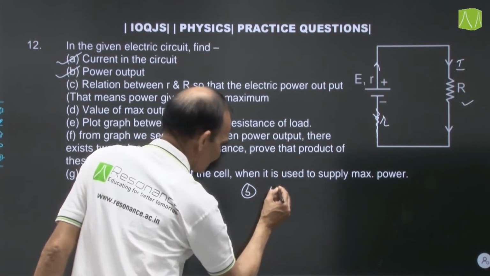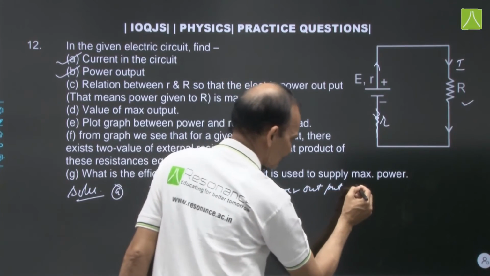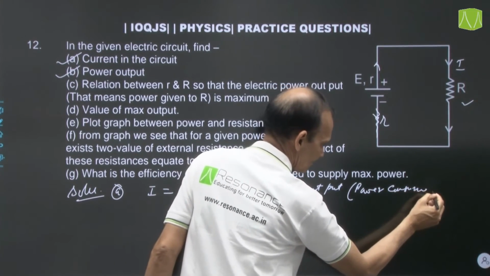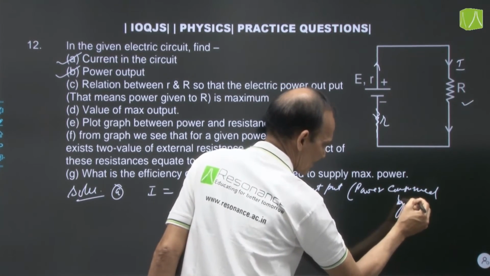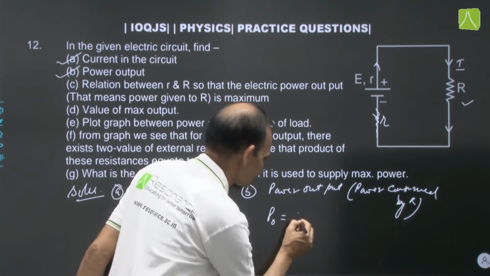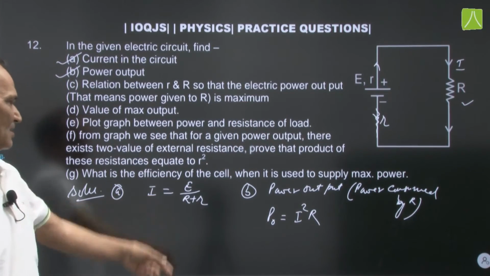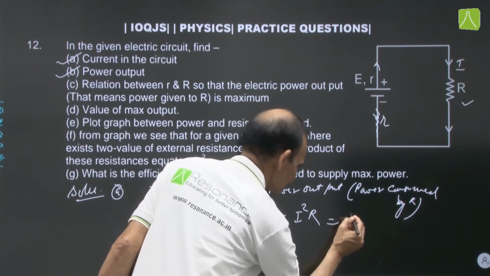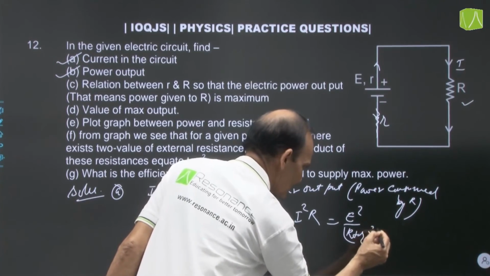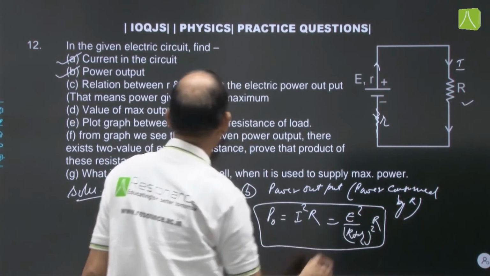So power output means power consumed by R, capital R. So the power output will be equal to I square R. I is already calculated in A part, that is E square upon R plus r whole square into R. It is the power output. The second part, B part.